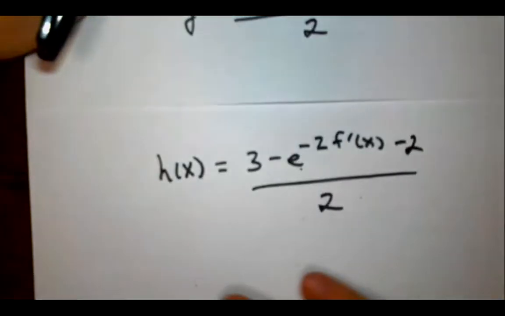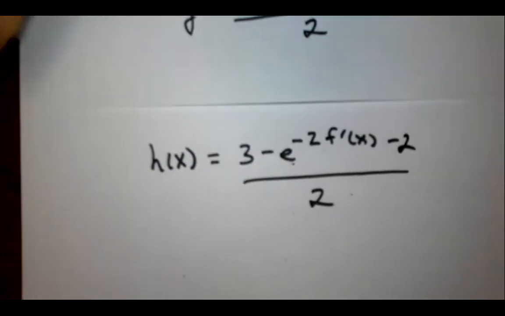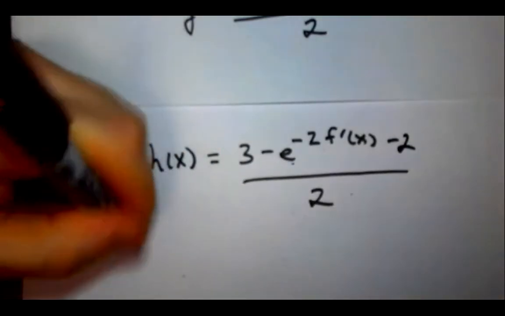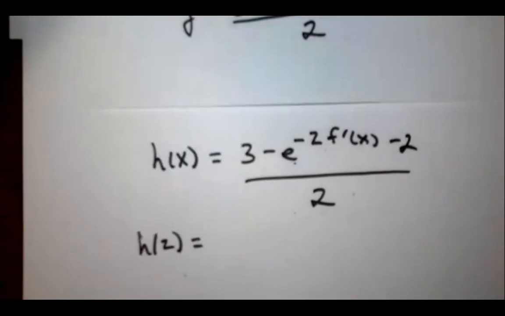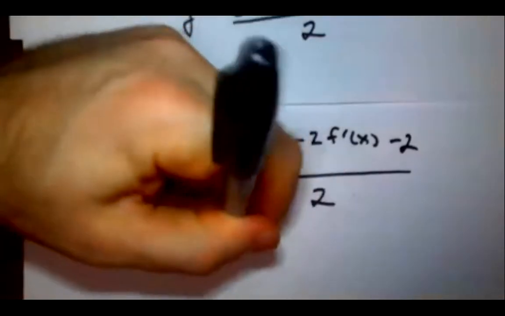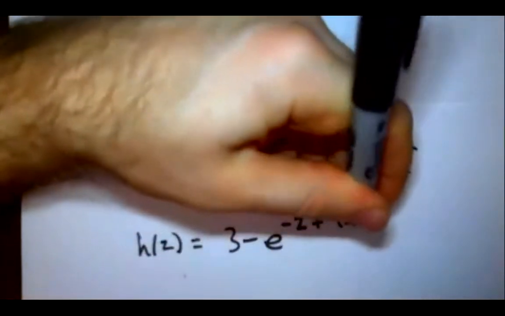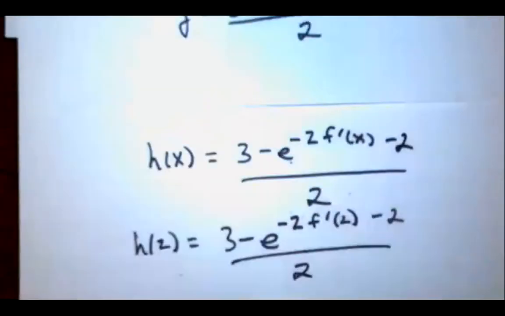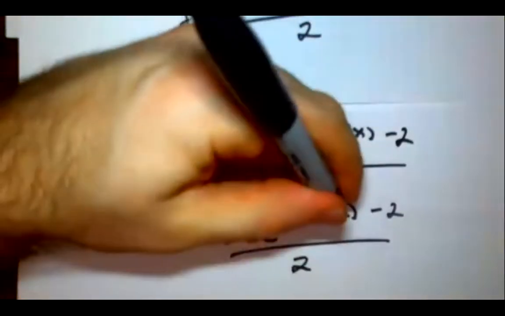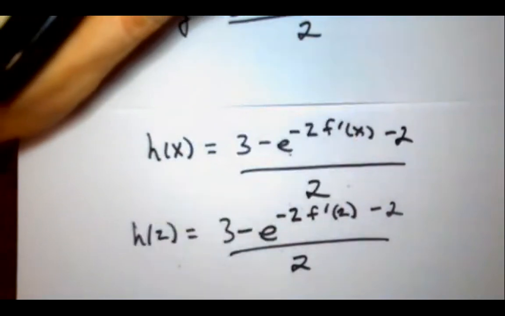And now they ask us to specifically find h of 2. So h of 2 is equal to 3 minus e to the -2 f prime of 2 minus 2, over 2. And we need to go look up f prime of 2.